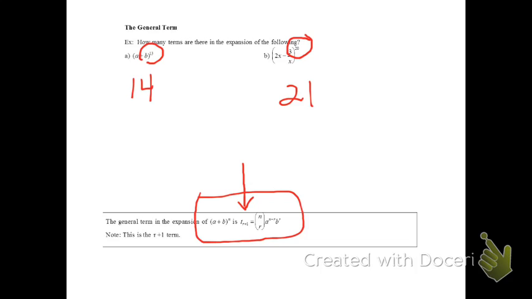In previous examples, when we did 6 choose 0, that was our first term. So when we are coming up with a general term, it's always going to be for term r plus 1. So based on that, let's make use of this.